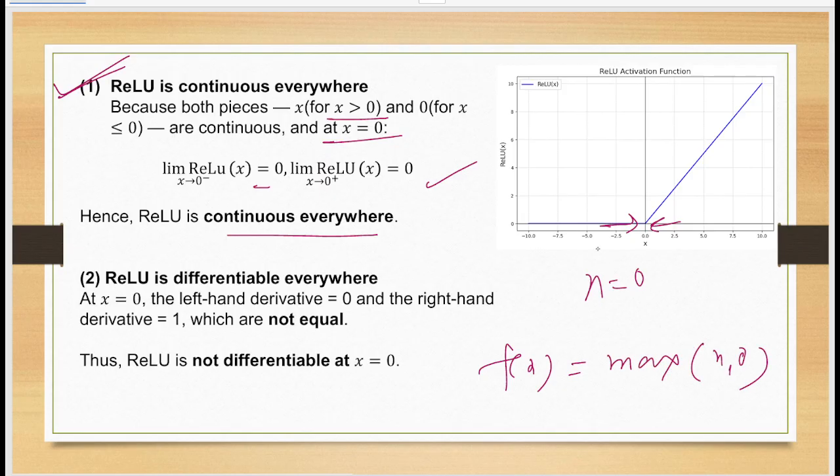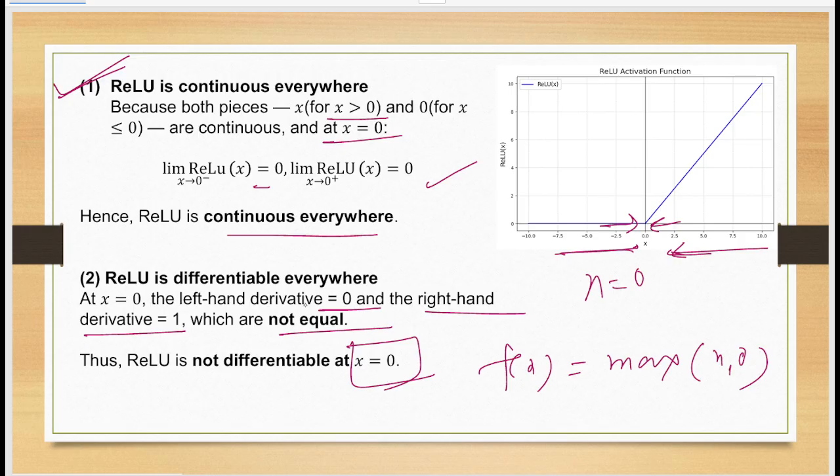From the left side, at x equal to 0, the left hand derivative will be 0, and the right hand derivative will be 1. Both are not equal, so this is not differentiable at x equal to 0. From the left approach and the right, we are not getting the same value, so it is not differentiable at x equal to 0.